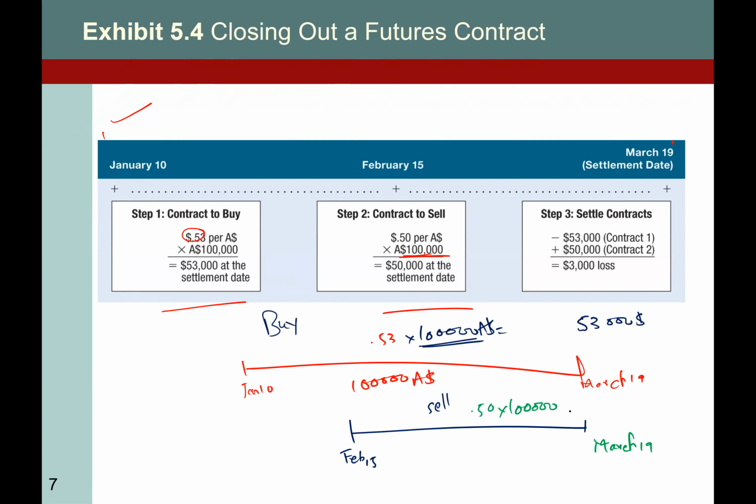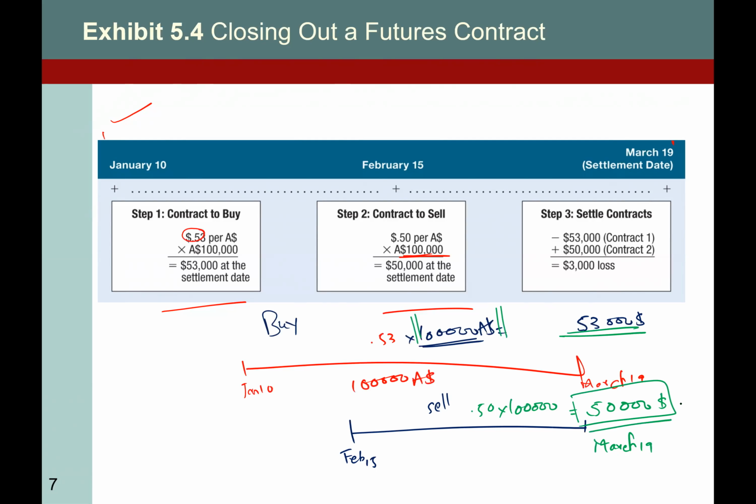The reference point is this one, so it's going to cost you. You buy 100,000 Australian dollars at $53,000, and you are going to sell it for $50,000.